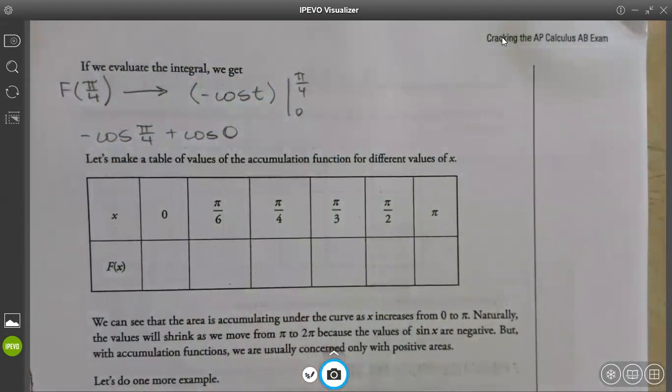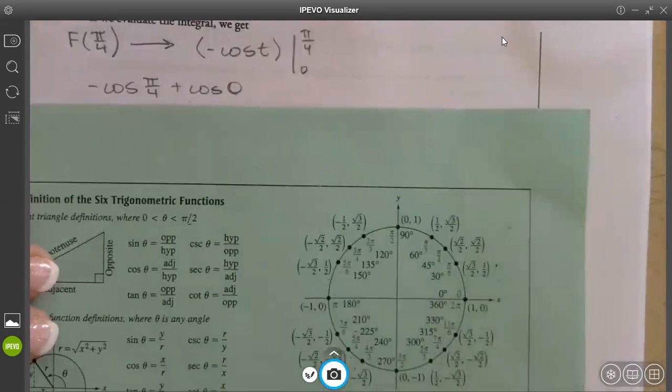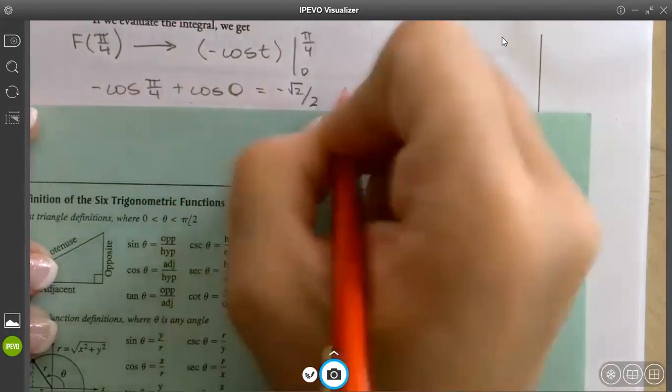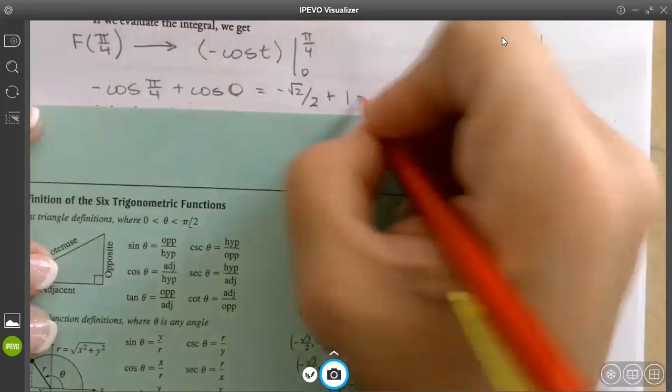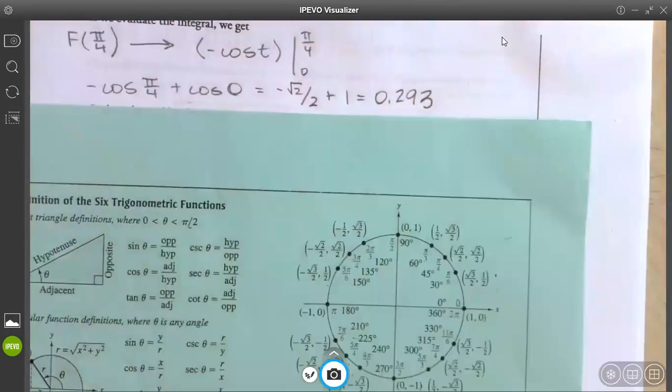Why is it plus? Because it's minus negative cosine. I just want y'all to understand why I keep putting plus. Pi over 4. What's your x coordinate? We're going to change it to negative square root of 2 over 2. Your x coordinate at 0 is 1. When I put that in my calculator, I get 0.293.